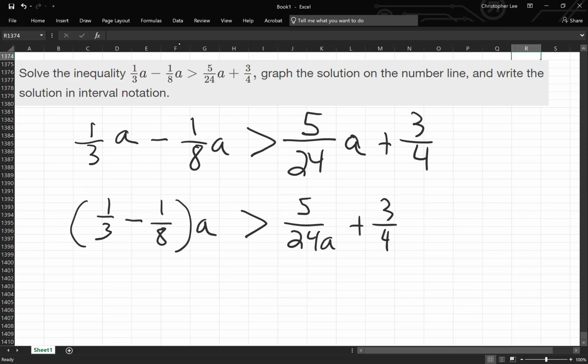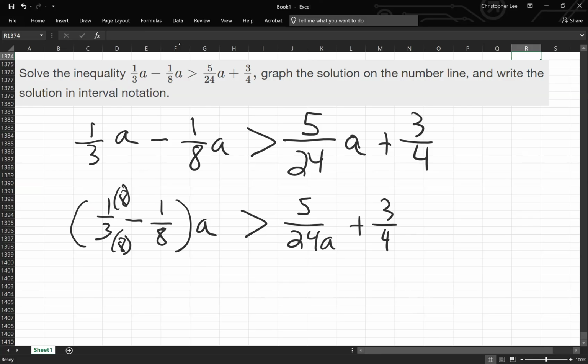Does 3 go into 8 evenly? No. Let's double the 8 now. 16. Does 3 go into 16 evenly? No. So then let's triple the 8 now. Does 3 go into 24 evenly? Yes. So how do I make a 3 into 24? I have to multiply it by 8. But what I do to the bottom, I've got to do to the top.